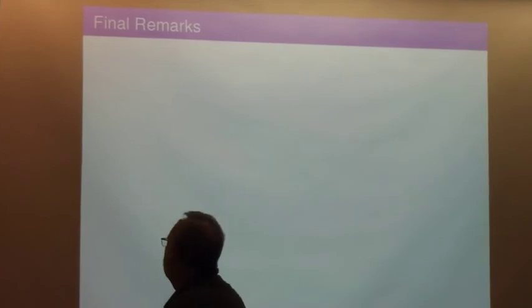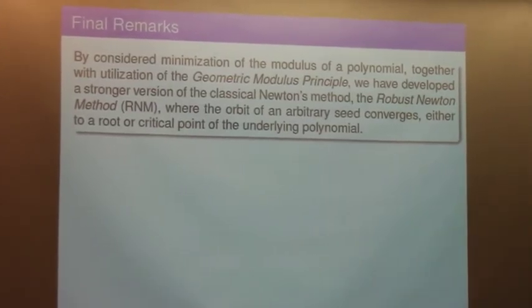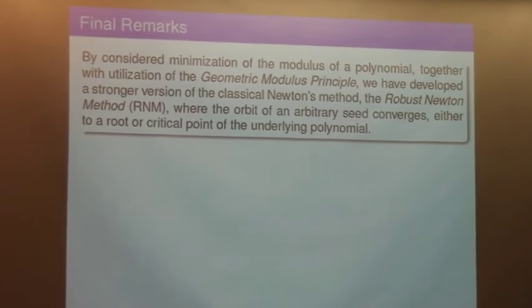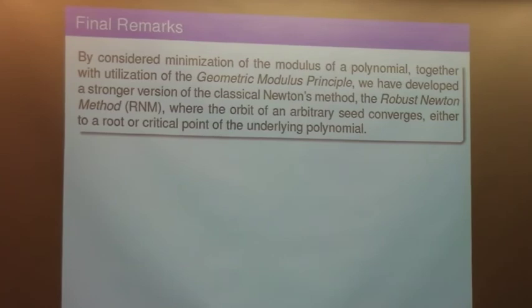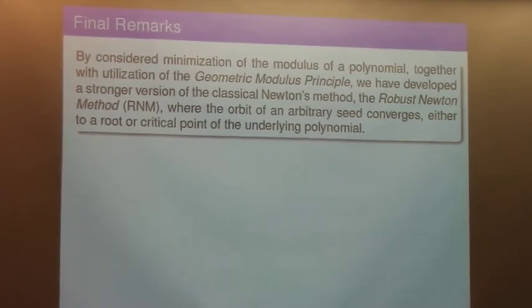It is my final remarks. By considering minimization of the modulus of a polynomial together with utilization of the Geometric Modulus Principle, we have developed a stronger version of the classical Newton's method called the robust Newton method, where the orbit of an arbitrary seed converges either to a root or a critical point.